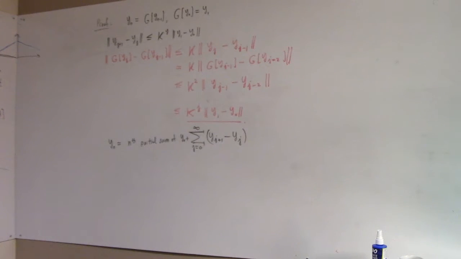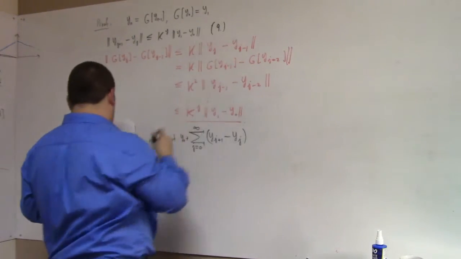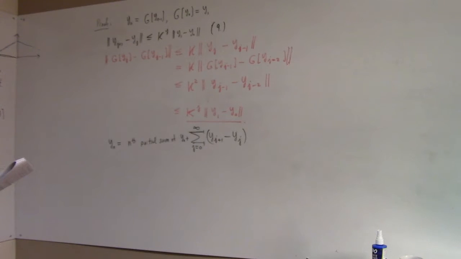So what? He says from 9, which is what he calls this right here, we know that the norm of each term in this series is bounded by a constant.